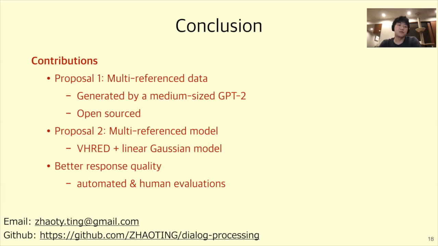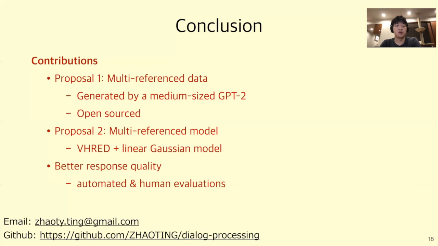In conclusion, to address the problem of multi-reference training for open domain dialogue systems, we had two proposals. The first is to build multi-reference data, and we generate these new references from a fine-tuned medium-sized GPT-2, and the generated data are all open sourced.